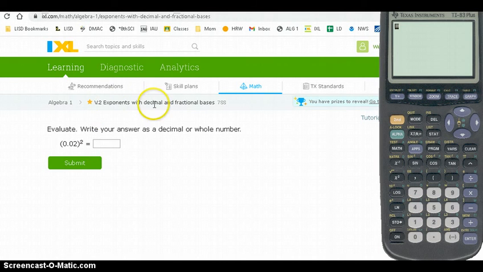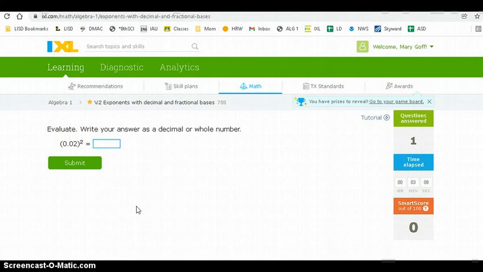Okay, so here's the next one, exponents with decimal or fraction bases. So 0.02 squared, that's 0.02 times 0.02, and that's going to be 0.0004.